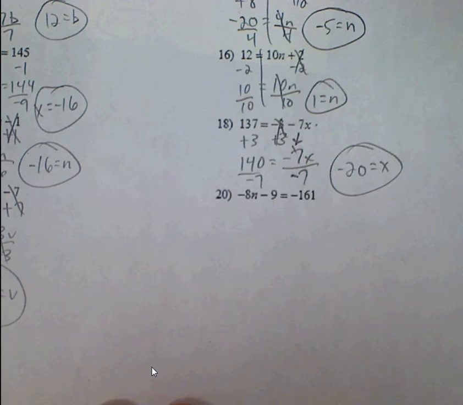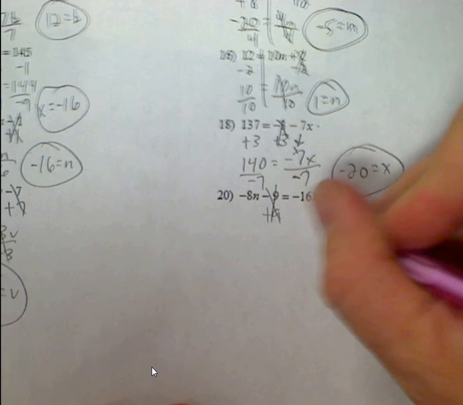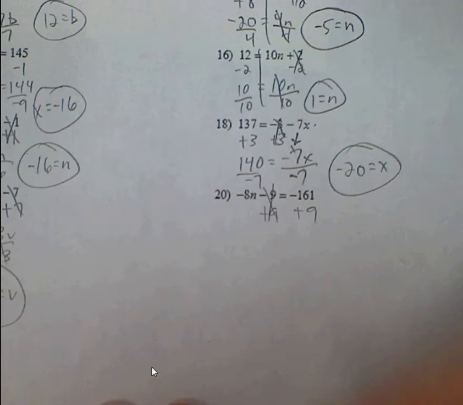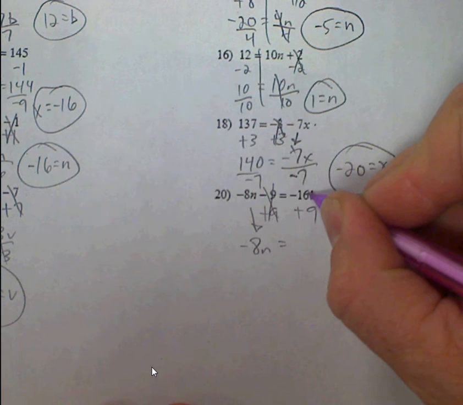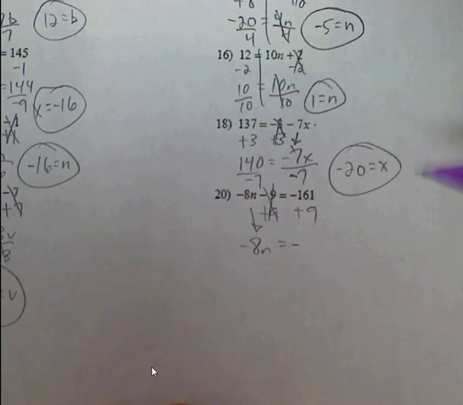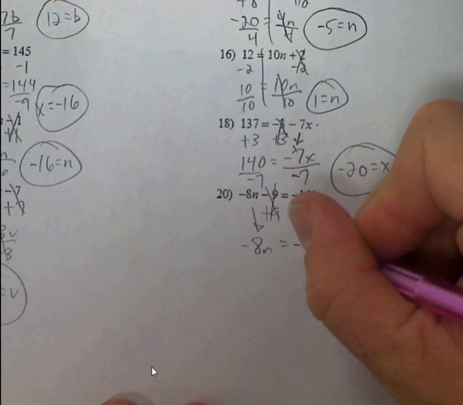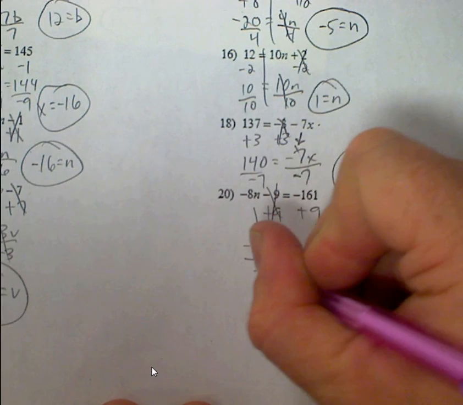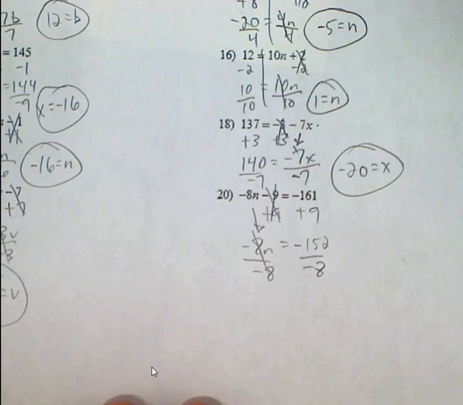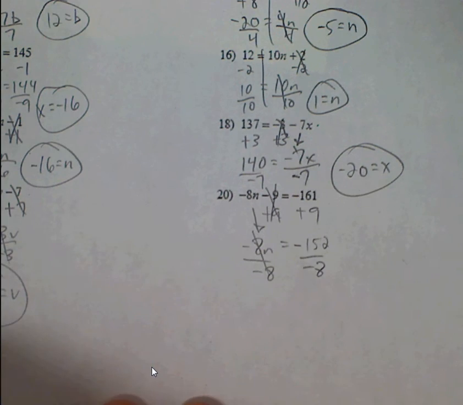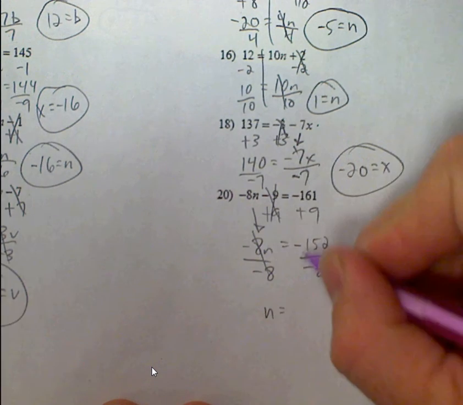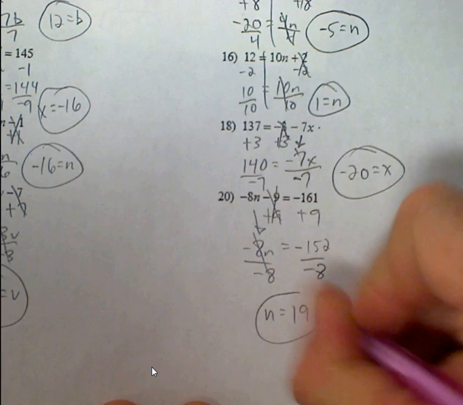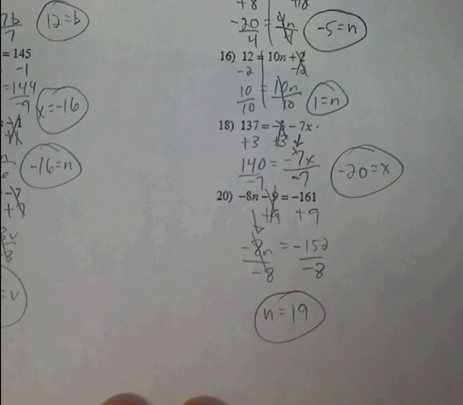On number 20, I have to add 9 to both sides, bring down negative 8n. Debt 161, add $9, I'm less in debt. I would be negative 152. Divide by negative 8. 152 divided by 8 is 19. Two negatives make a positive, an even number of negatives. So n equals 19. And we are done.